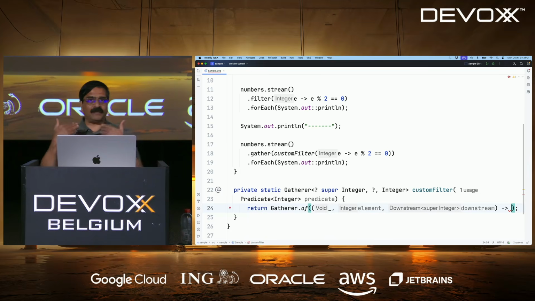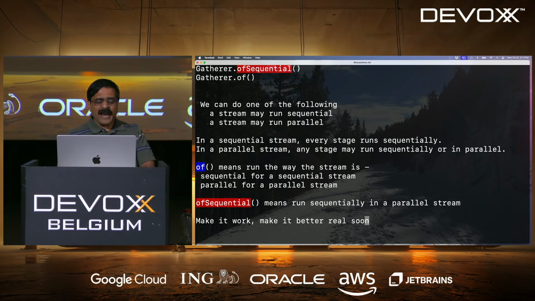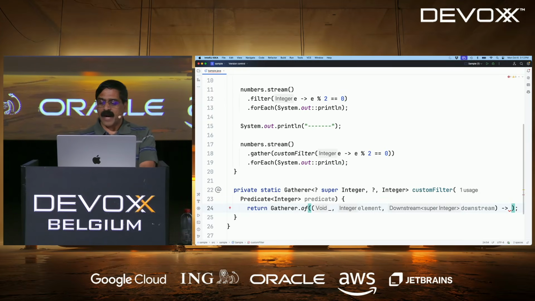Take the time, and I'm a big fan of one rule I follow often: make it work, make it better real soon. So essentially, you don't have to make it perfect in the beginning. Yes, I'm writing multiple functions, that's okay. But once I have a handle on this, I can come back and improve it. If I create a mess out of it, it's really hard to improve it at that point.